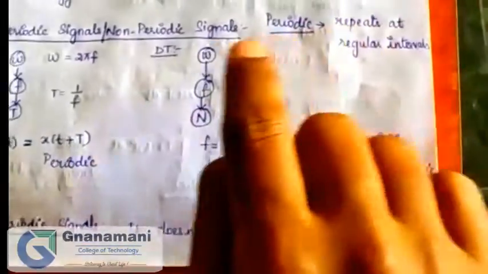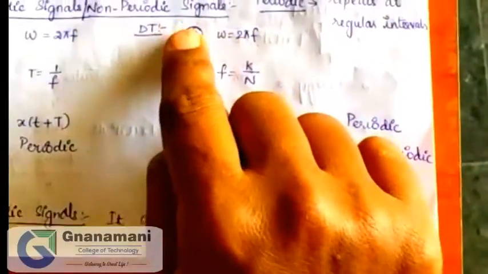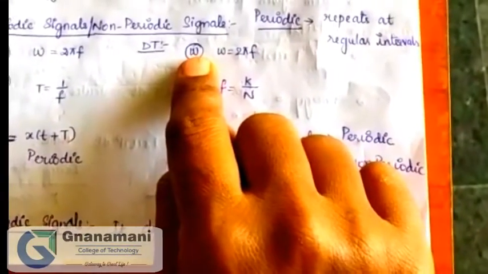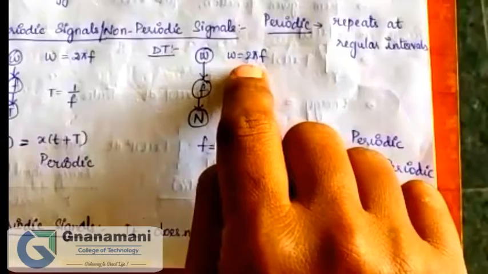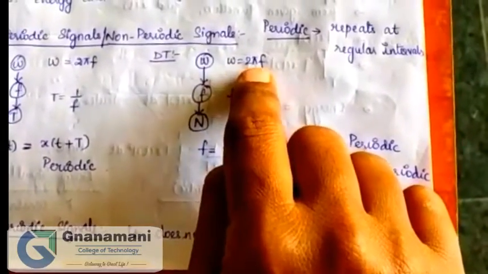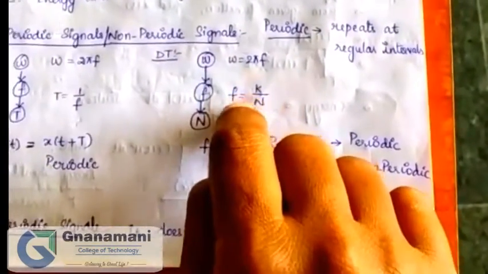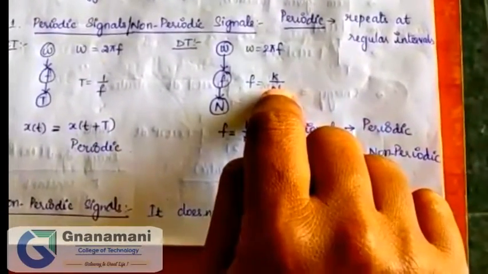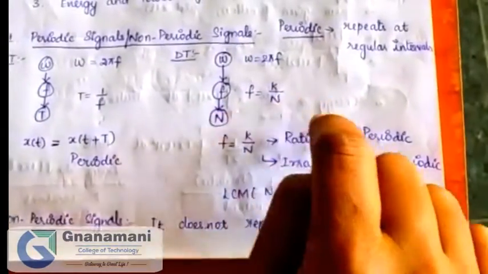Suppose the given signal is discrete in nature, then these steps have to be followed. The given question is in terms of omega. From that, omega is equated to 2 pi f, and that f is equated to k by n. That n value is represented as the period here.